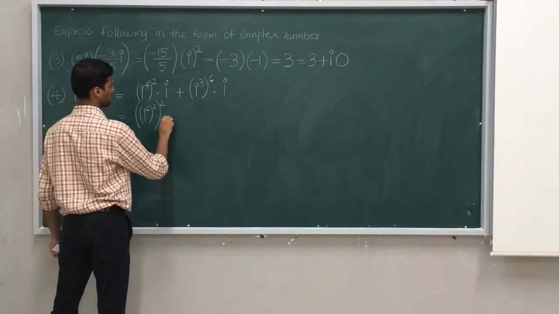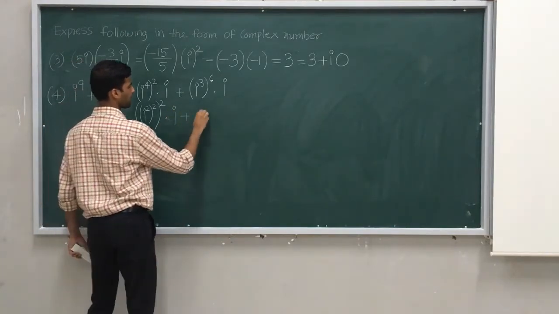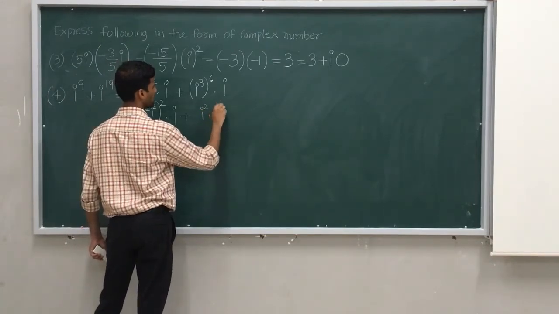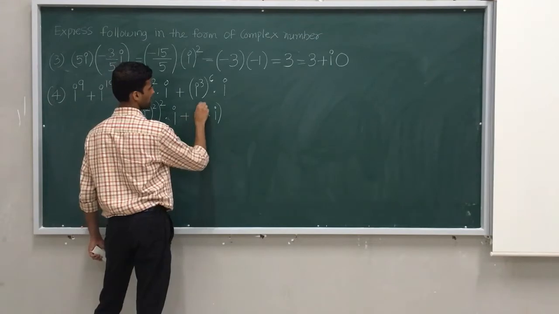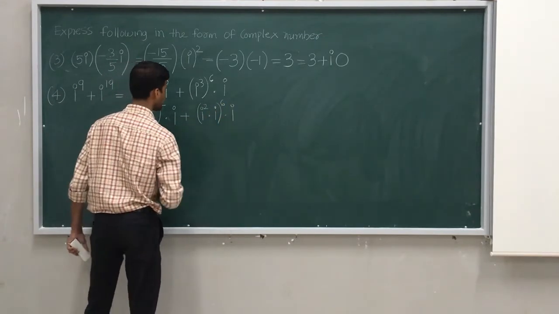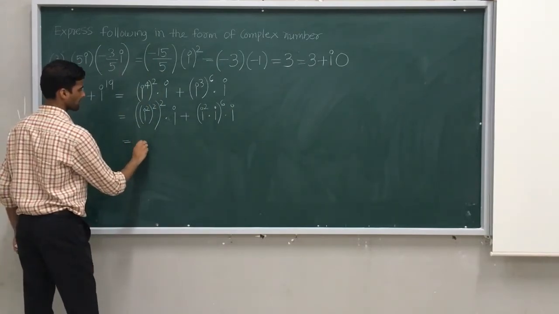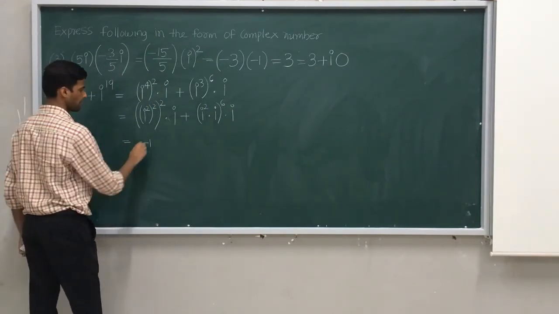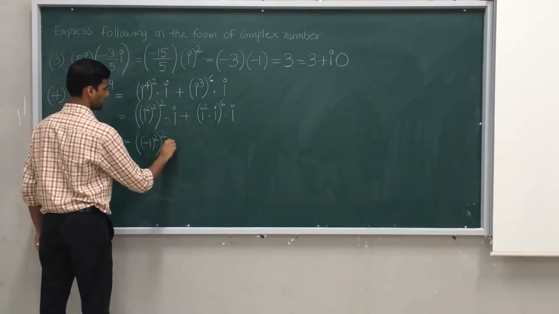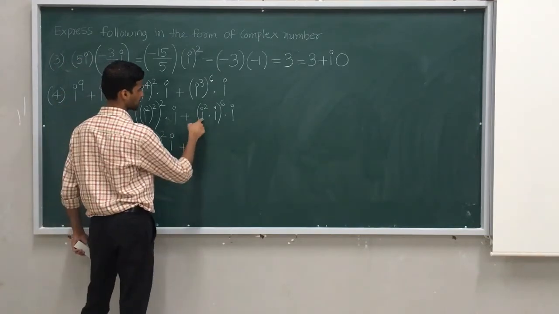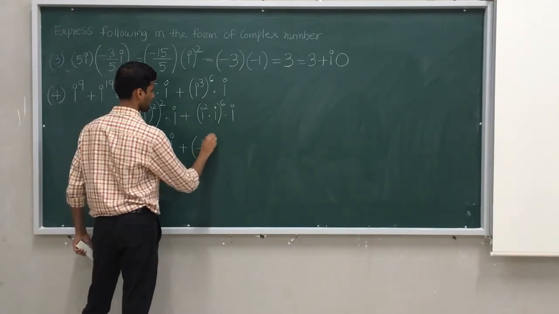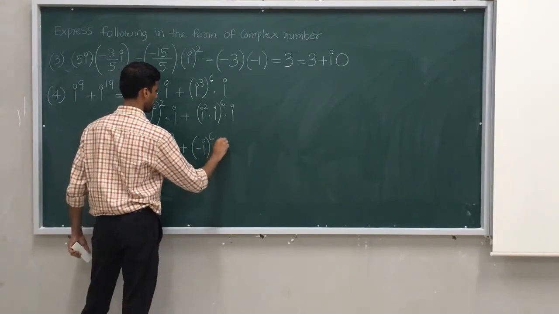Into i cube can be written as i square into i, to the power, okay, 6 into i, right? So we know that i square is minus 1. Okay, it is minus 1 square the whole square into i, right? Plus i square is minus 1. Minus 1 into i is minus i to 6 into i.